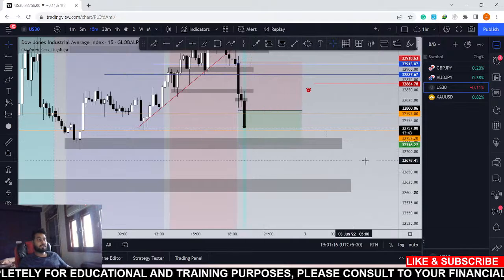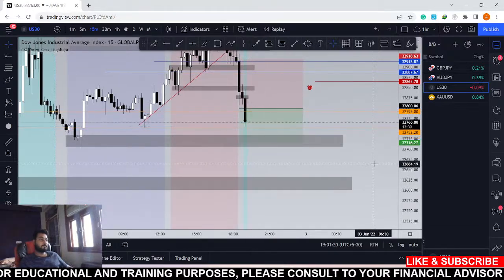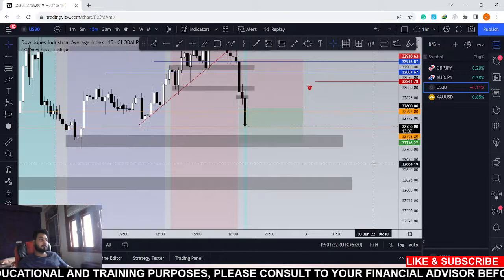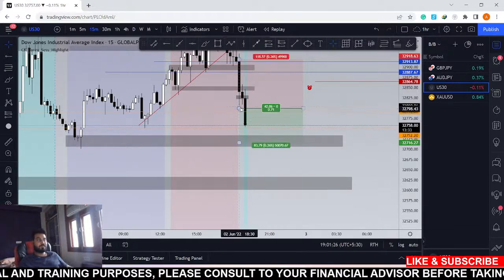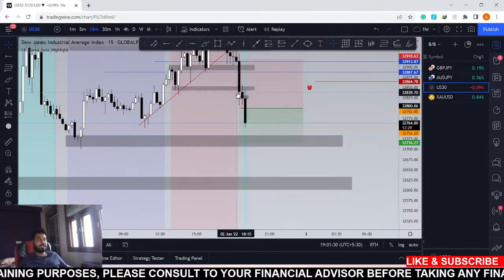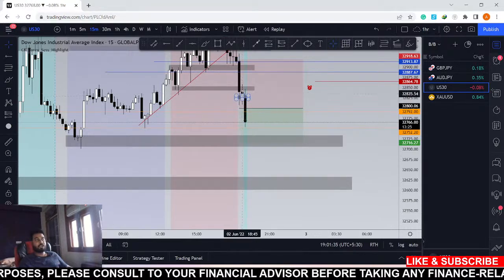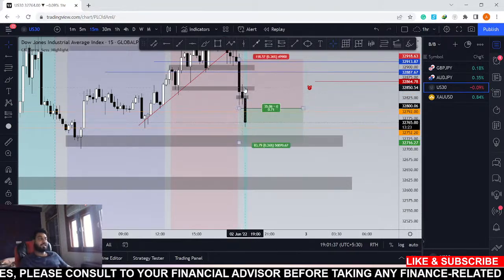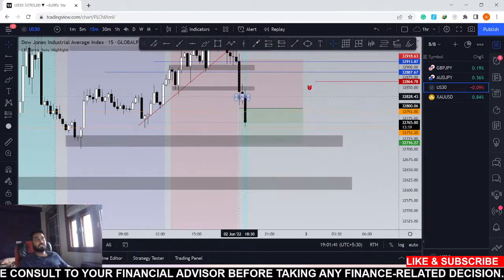It's coming down quite nice. You can see, if I would jump in at this area, then I would have to wait the entire 15 minutes in drawdown, and it will definitely temper with your psychology.